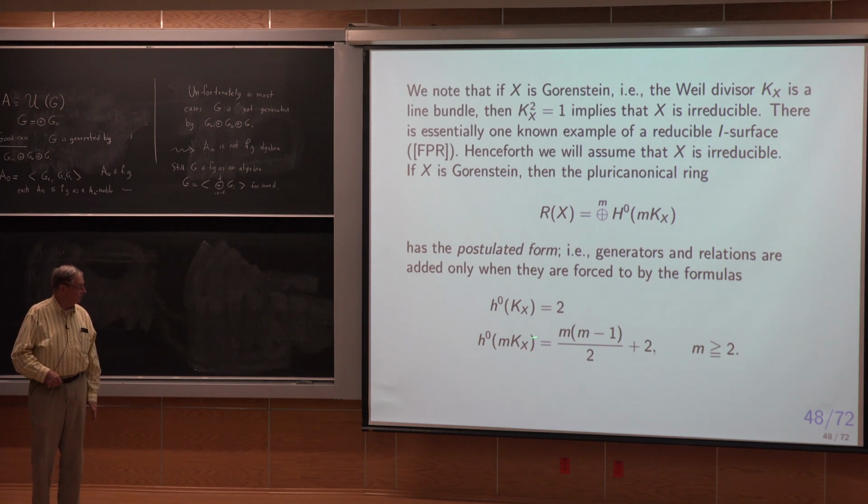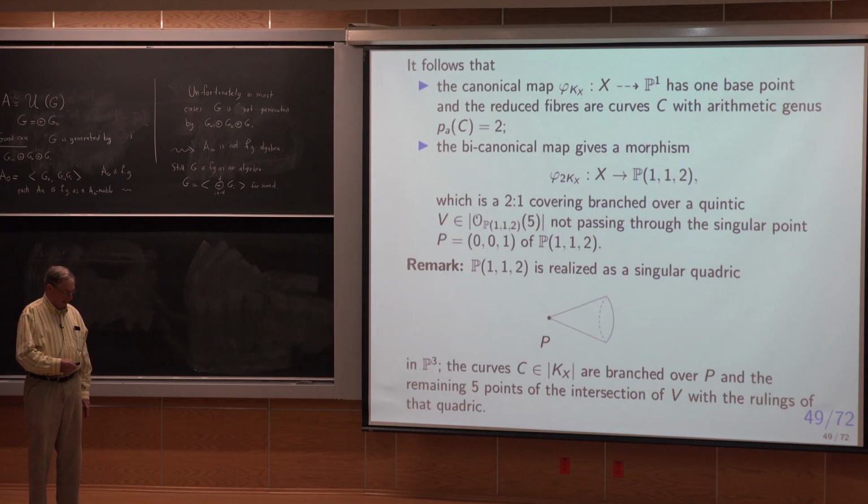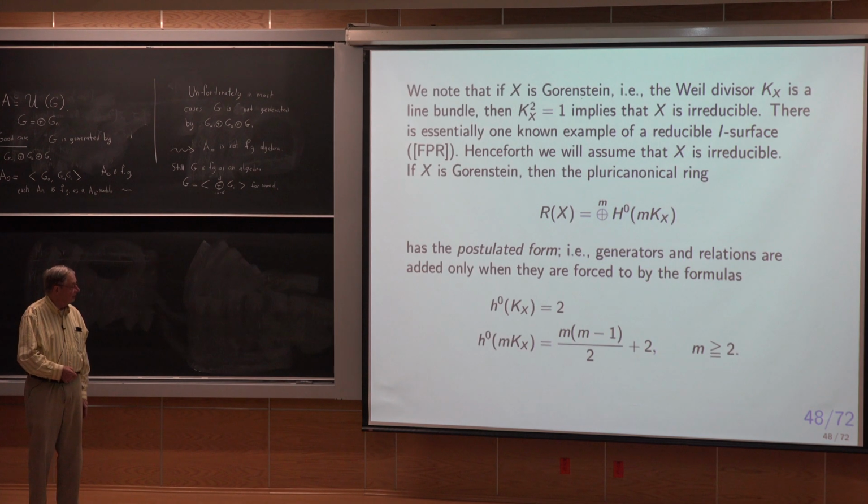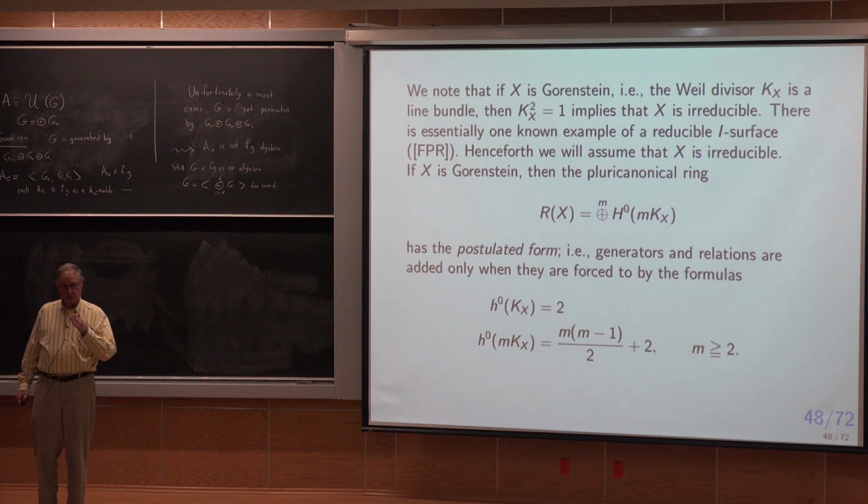So this is what the plurigenera are. This is the dimension of the space of holomorphic two-forms or m-fold holomorphic two-forms. And let's say that it has the postulated form means you try to build up the canonical ring by putting in generators and relations. And the dimensions force you to have a certain number of relations, because you know what these dimensions are.